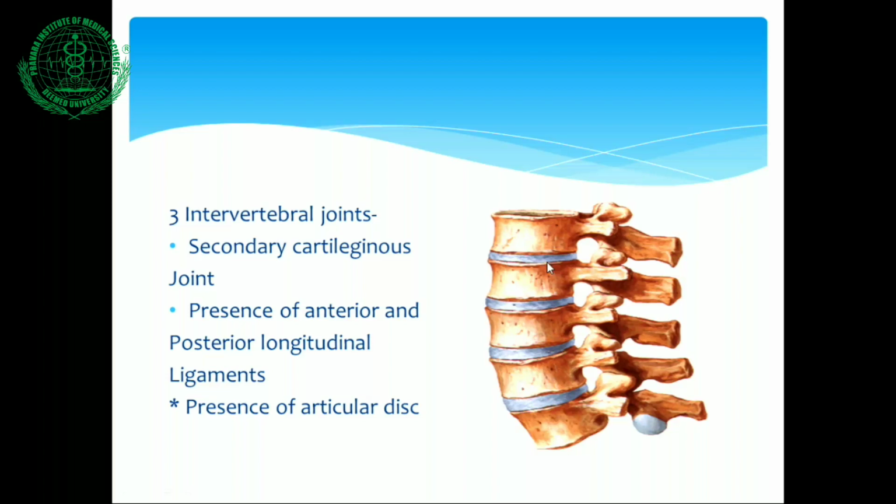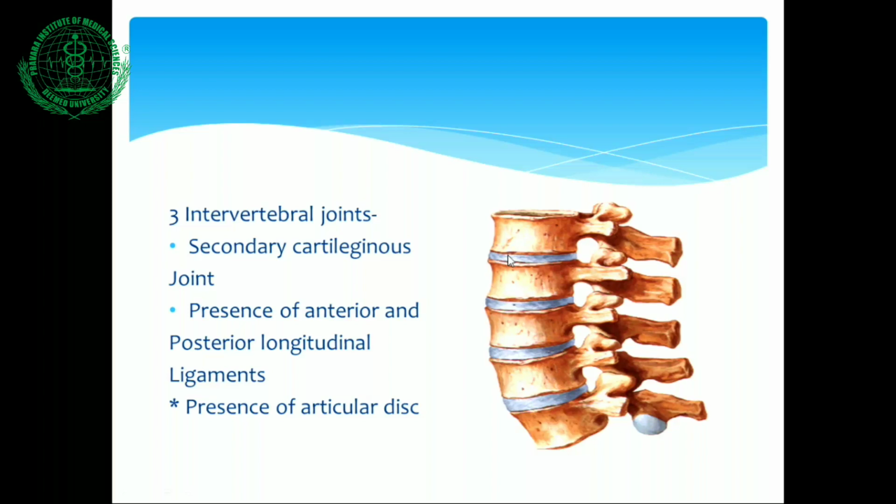The intervertebral joints of vertebral column are formed by the articulation of different vertebrae. The intervertebral joints are an example of a secondary cartilaginous joint. Here the bodies of different vertebrae articulate with each other, forming intervertebral joint.